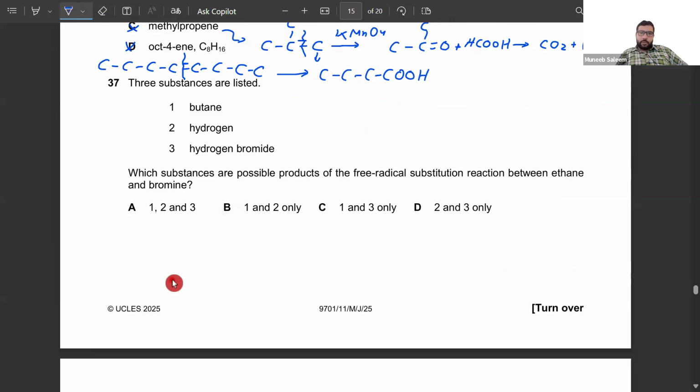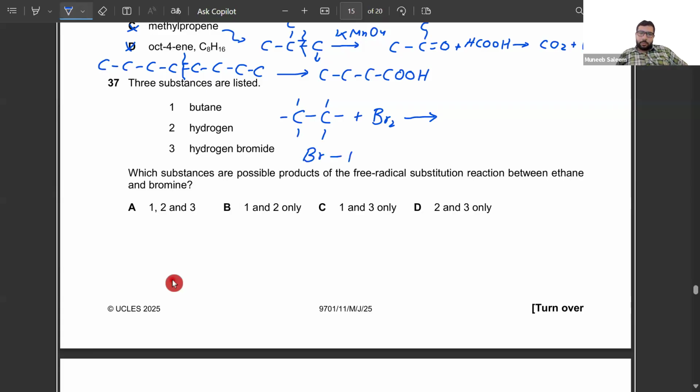Now we have to understand the reaction between ethane and bromine. So this is ethane reacting with bromine in a free radical substitution reaction, and as a result of this, we do remember that it produces free radicals. The free radical was basically obtained by the breaking of the bromine molecule. This was broken up by using ultraviolet light, and it produced the bromine radical.